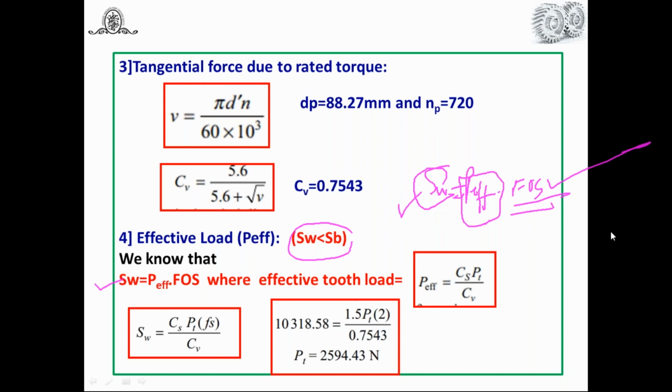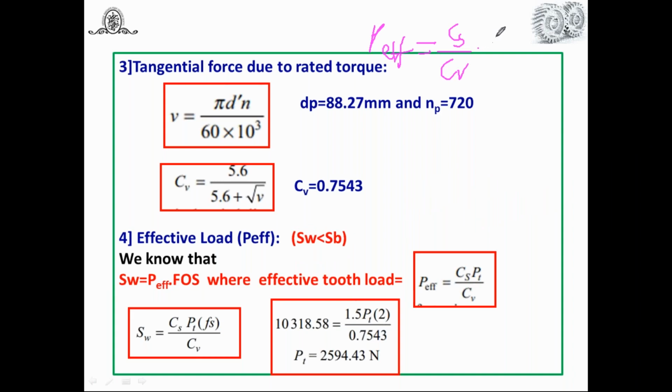To account for the velocity factor, P effective is equal to, you know very well, CS upon CV into PT. I have written P effective is equal to CS upon CV into PT, and this is based on the velocity factor.